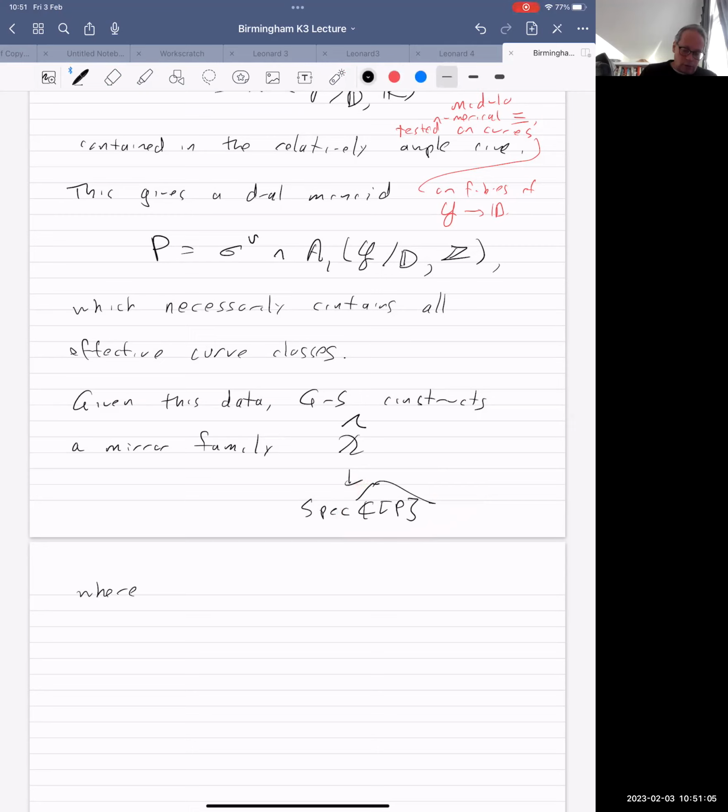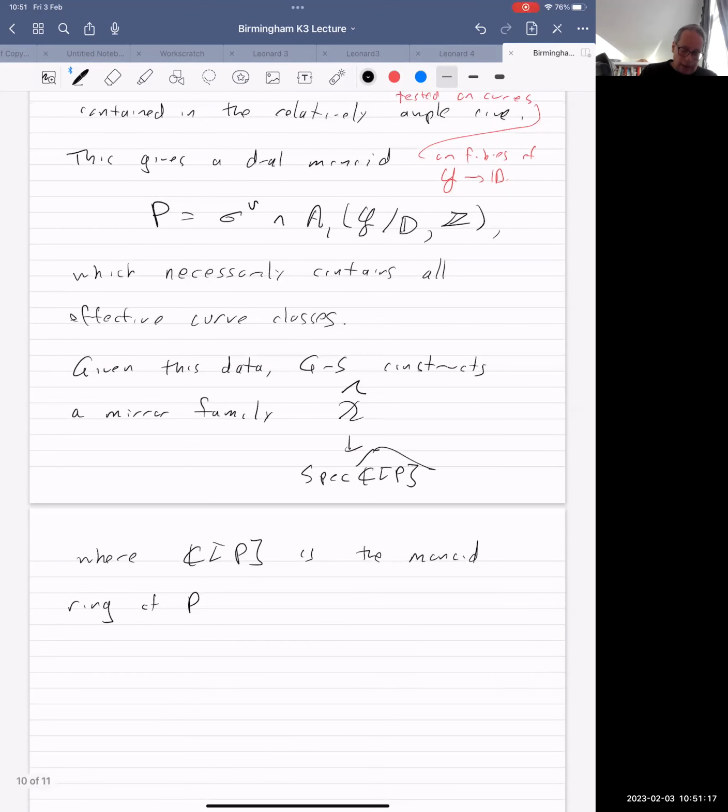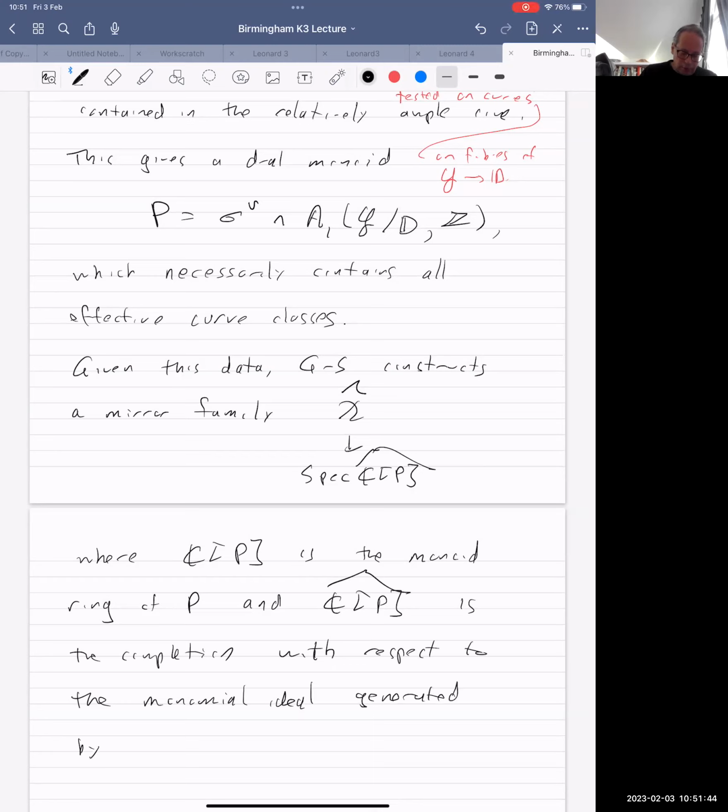So where C bracket P is the monoid ring of P. And the hat means completion, C bracket P hat is the completion with respect to the monomial ideal generated by elements of P minus 0.